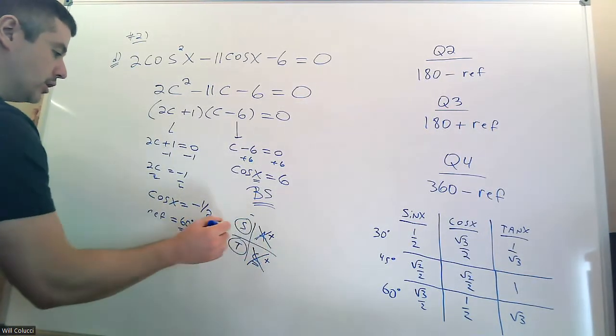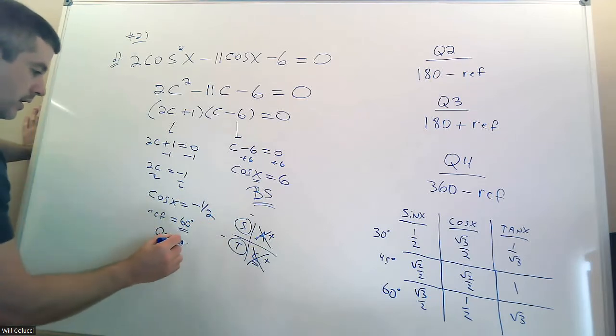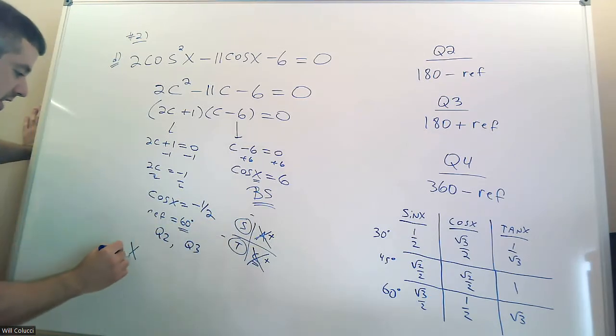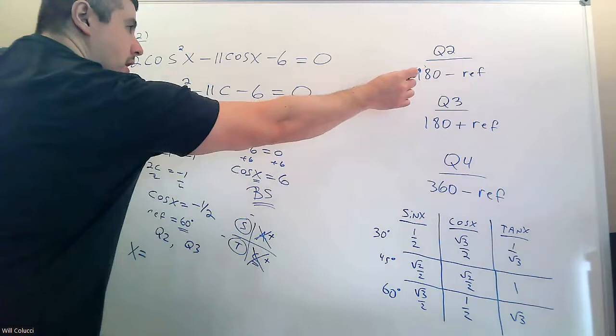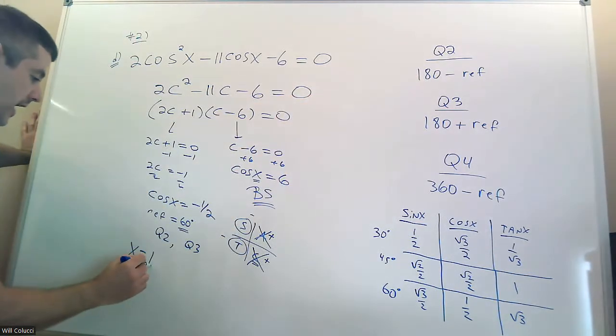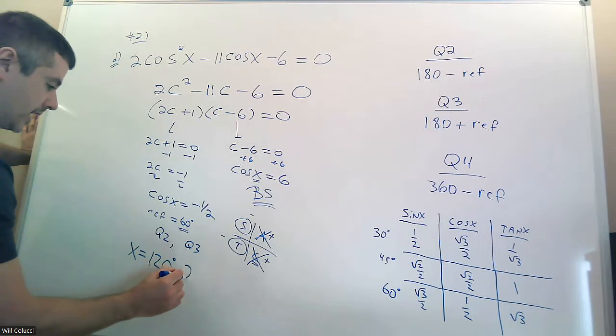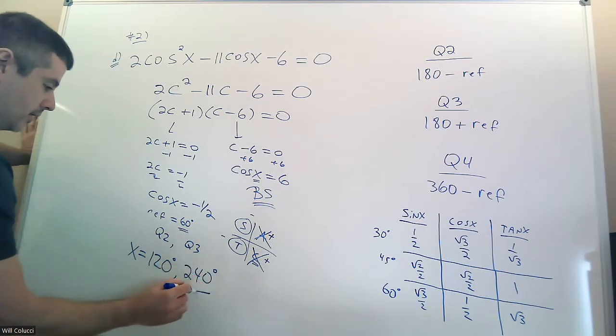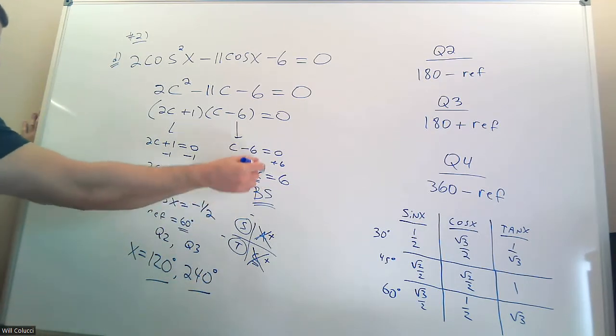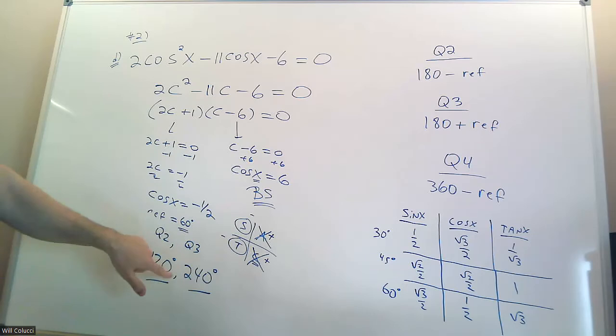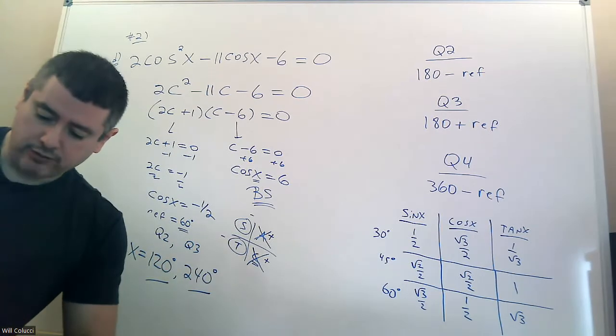All right, so I'm looking for quad 2 and quad 3. So I'm going to put 60 in each of those quads. In quad 2, I take 180 and I subtract 60, I get 120. And then in quad 3, I take 180 and I add 60, I get 240. So I have one that doesn't give me anything, and then I have one where I got 2 angles.